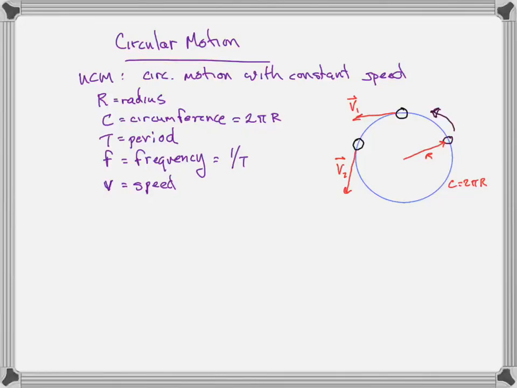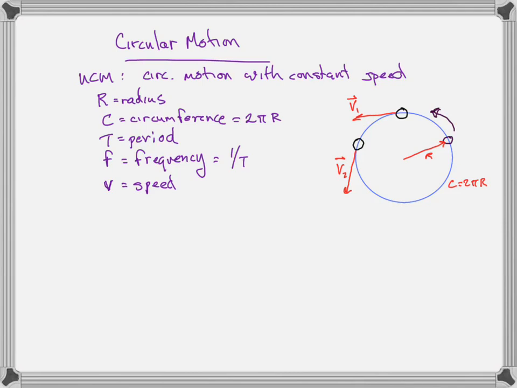Okay, in the last lecture, we defined the kinematic variables that might help us describe circular motion: radius, circumference, period, frequency. We described the velocity as being in the forward direction, and that the velocity changes as we go around the circle because the angle of the velocity vector changes, and velocity is something with both magnitude and angle.